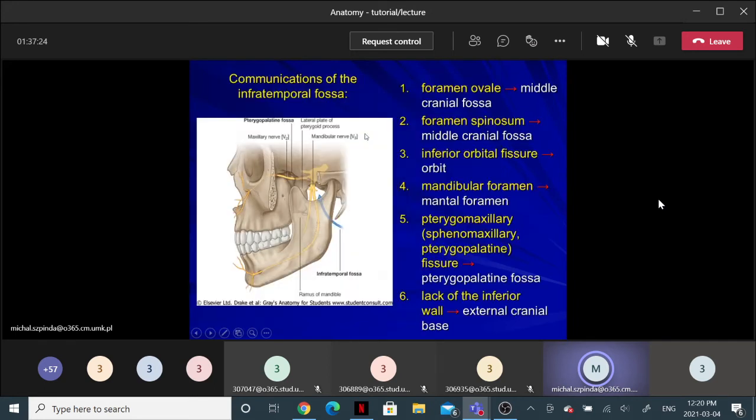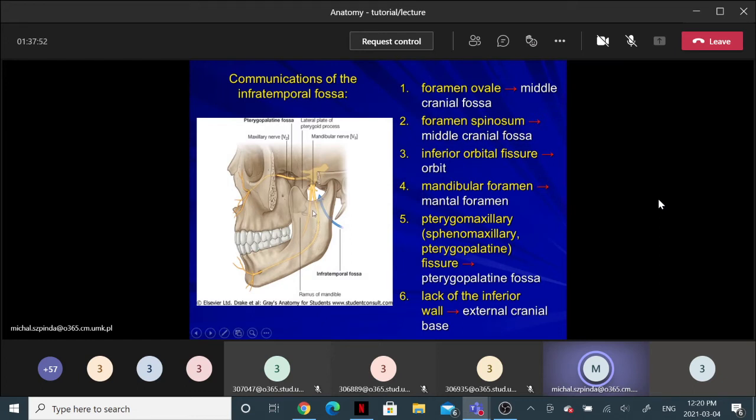Which communications refer to the infratemporal fossa? You know that the lateral wall of the infratemporal fossa is provided by the mandibular ramus, on which is the mandibular foramen.